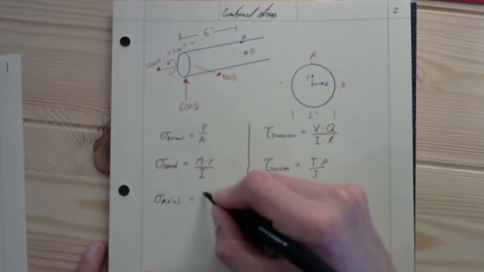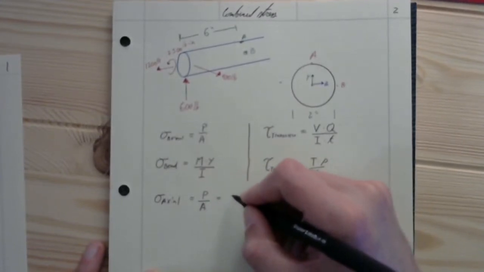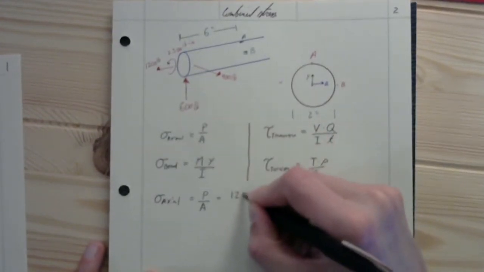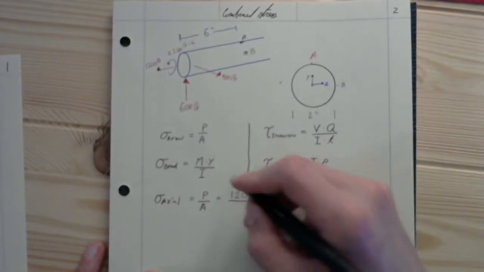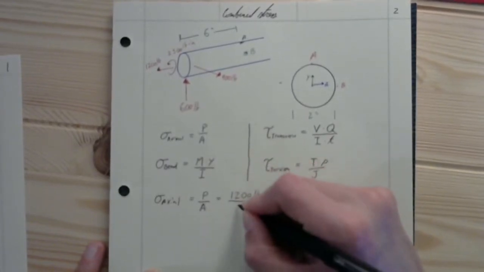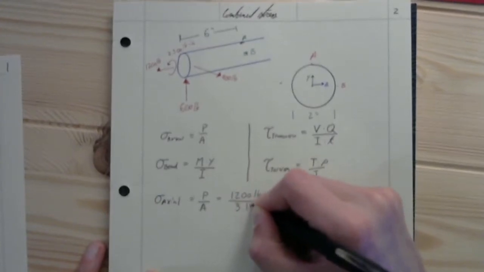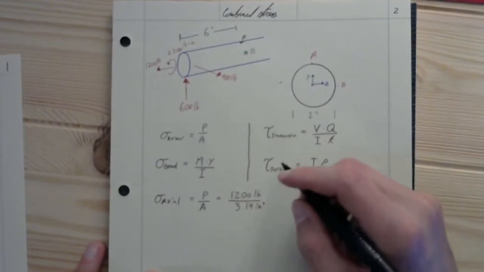It's going to be the load over the cross-sectional area, which is 1,200 pounds divided by pi square inches.